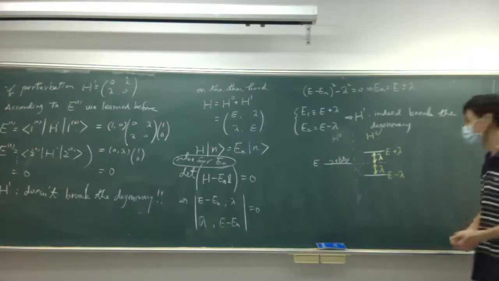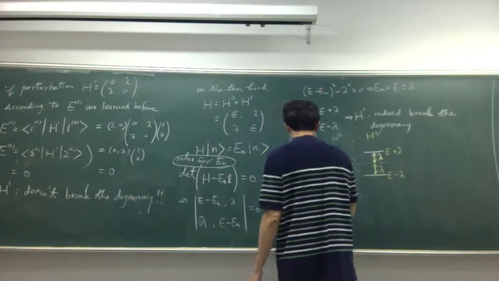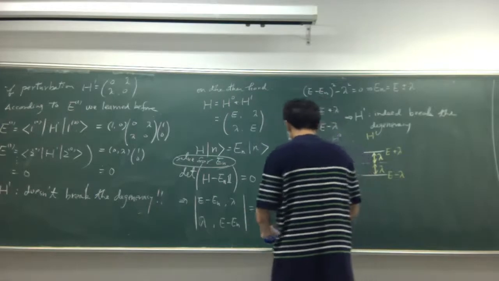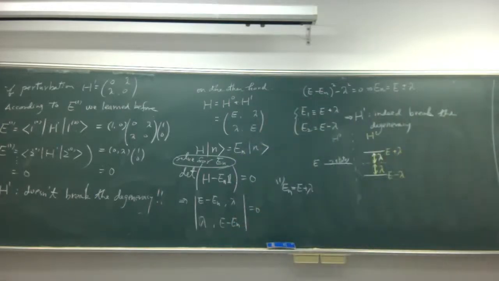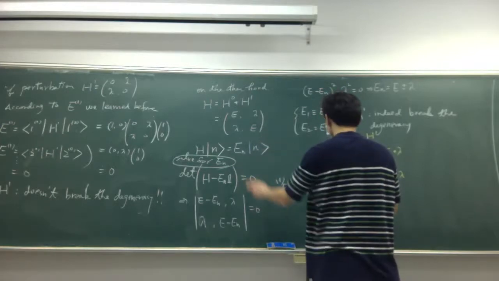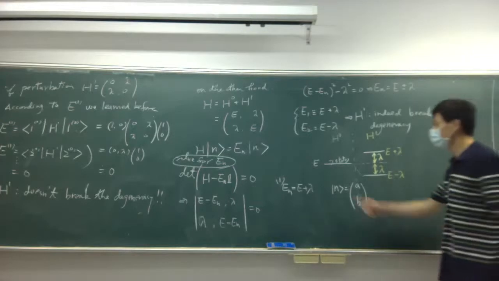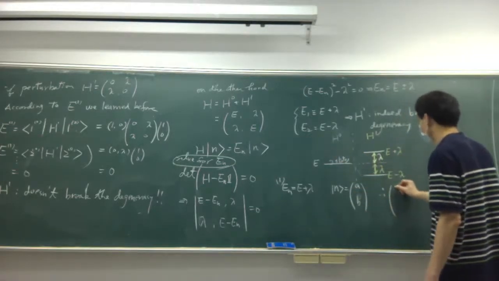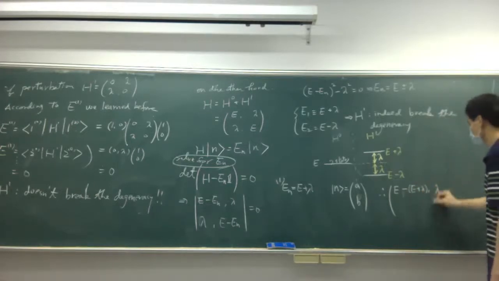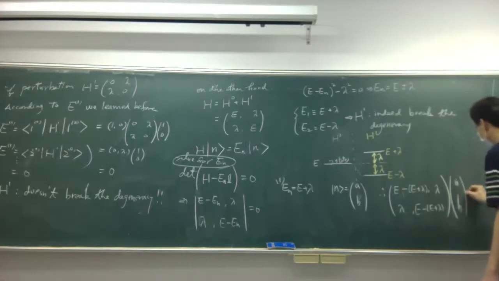In this case, take En equals E plus lambda, then I plug this into the eigenvalue equation, where the state is A and B. So I just plug this in, and I get the matrix with E minus (E plus lambda) on the diagonal, acting on A and B, equals 0.